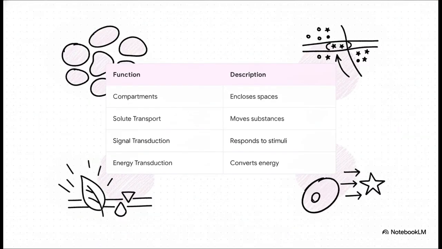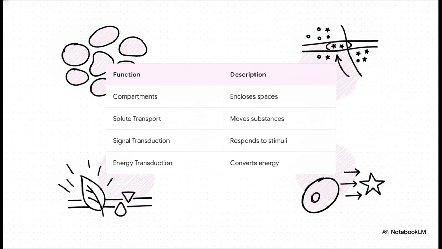And this membrane is a multitasking marvel. It is an active border control and a communication hub, not just a passive barrier. It handles compartmentalization, enclosing distinct intracellular spaces, so specialized activities can happen without interfering with each other. It actively transports solutes, pumping vital sugars and amino acids, often fighting against the current from low to high concentration.